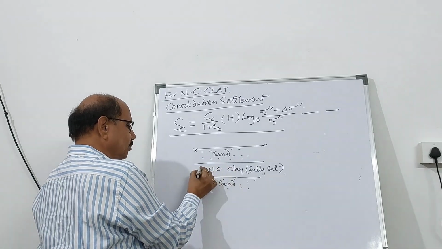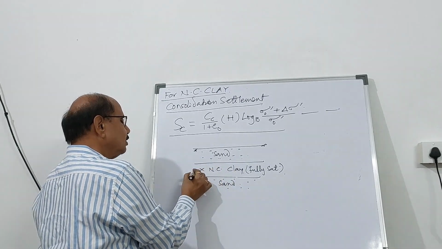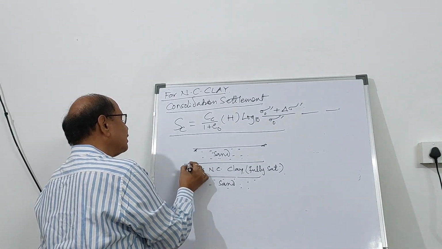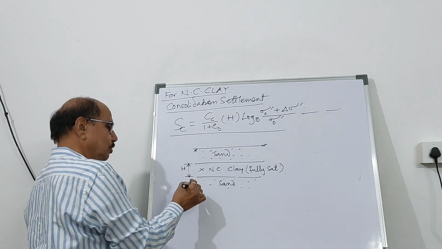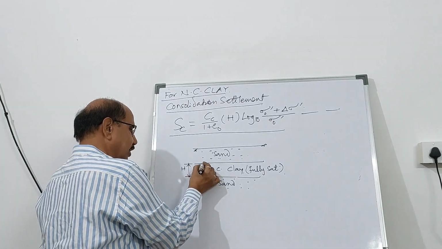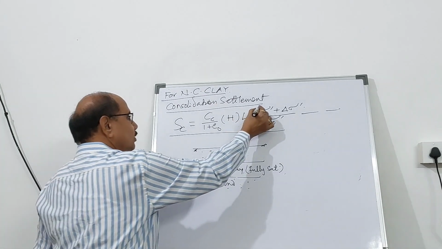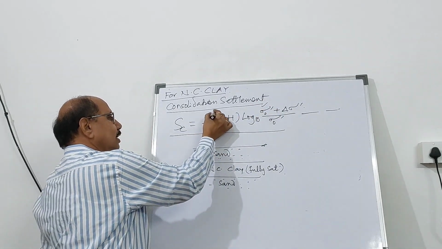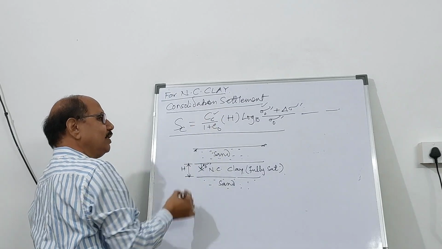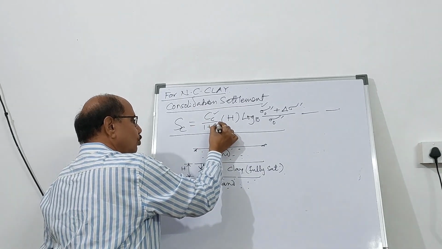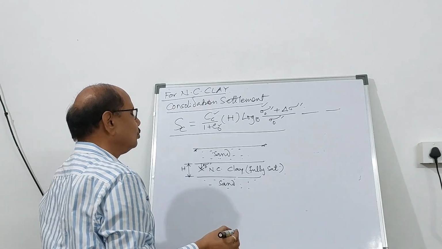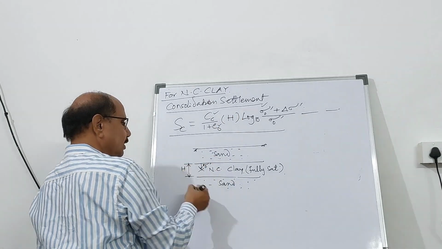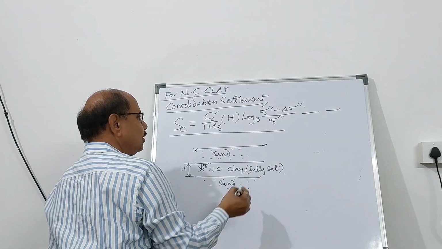So effective overburden pressure, as I told you, you can find out for the thickness of this one. Let's say the thickness of this clay layer is H. You can find out the overburden pressure. So effective overburden pressure you can calculate. Cc, you can have empirical relationship or from one dimensional consolidation. And the original void ratio also, you can find it out. And H is the height of the clay layer. So you can substitute it here.